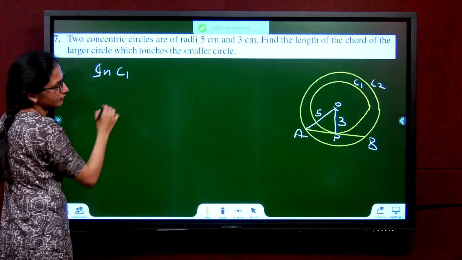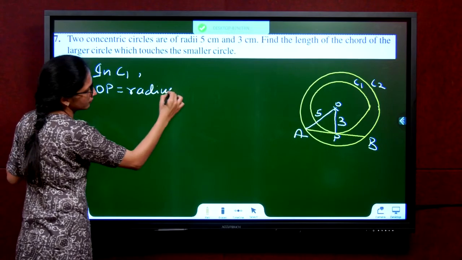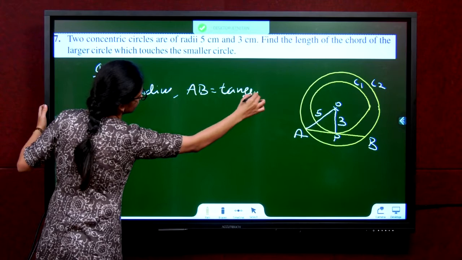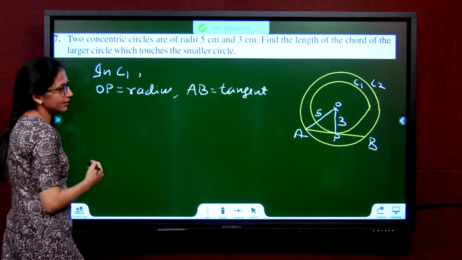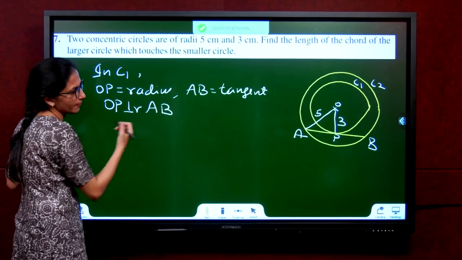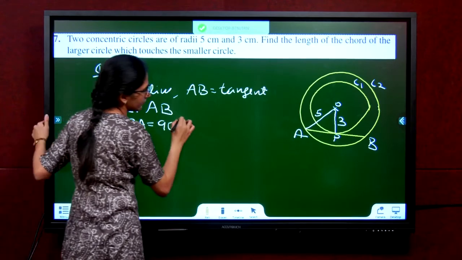In C1, OP is the radius. AB is the tangent. So what can I say? OP is perpendicular to AB. So angle OPA is 90 degrees.